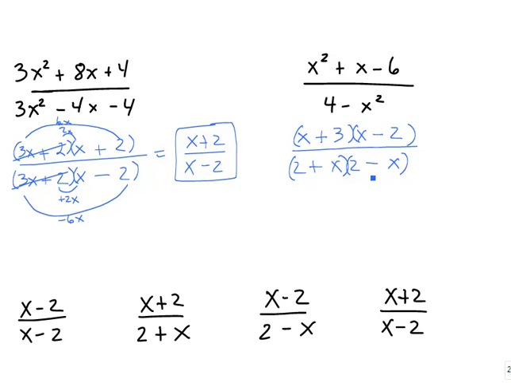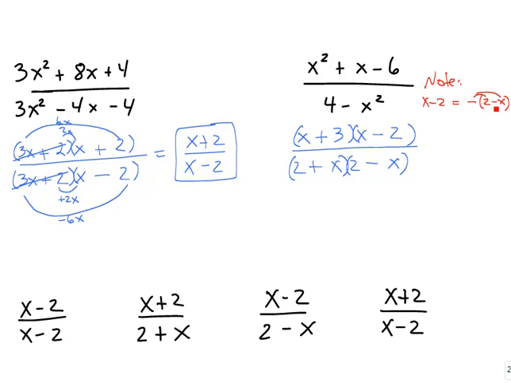Now when we go to cancel here, the x plus 3 is different from all the rest of these, so that one's going to stay put. X minus 2 is almost the same as 2 minus x. What you can note here is that x minus 2 is the opposite of 2 minus x.